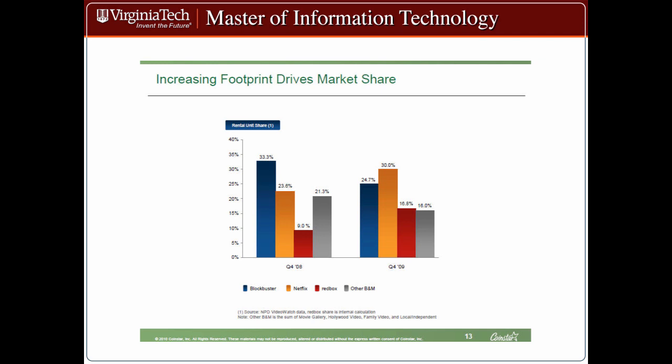So in this year that this disruption really kicks into high gear. But hey, what about the red line here? Redbox goes from 9% to 16.8%, right? So in terms of actual rate, it's not doubling, but it's getting close to doubling in terms of its overall market share.